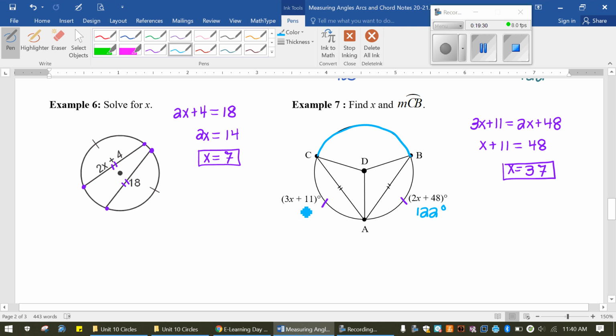Should be the exact same here, but let's double check. 3 times 37 plus 11 will be 122. So now I've got 360 minus 122 minus 122. That will give me the measure of arc CB, which will be 116 degrees.